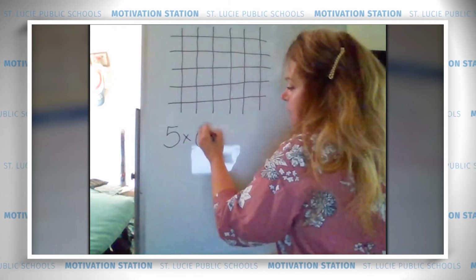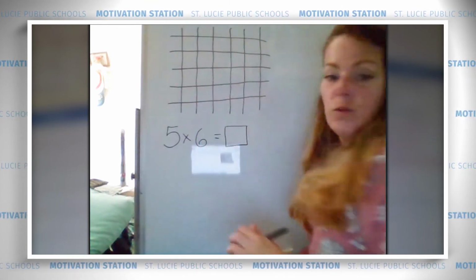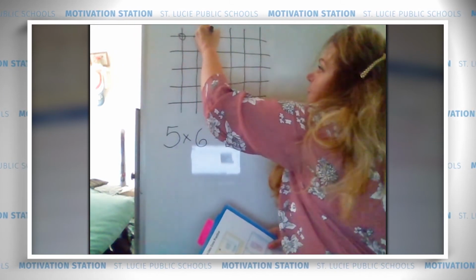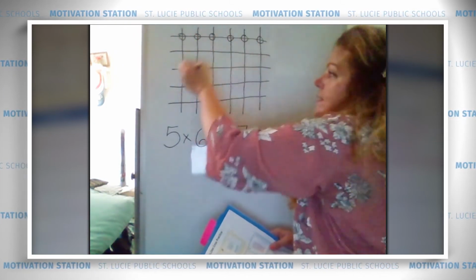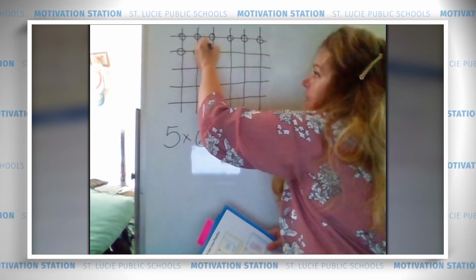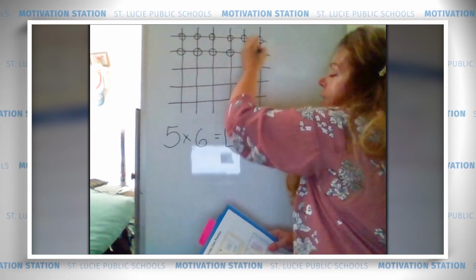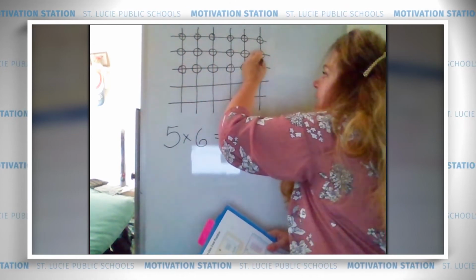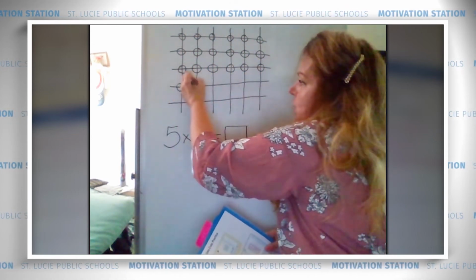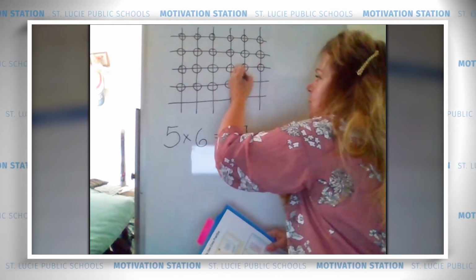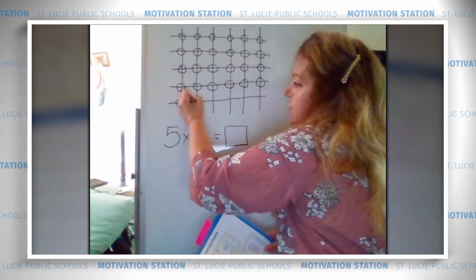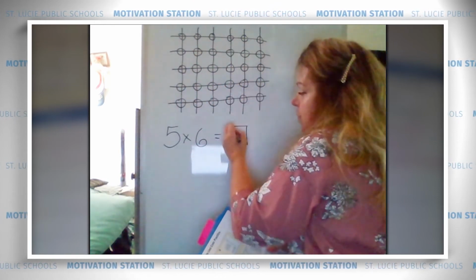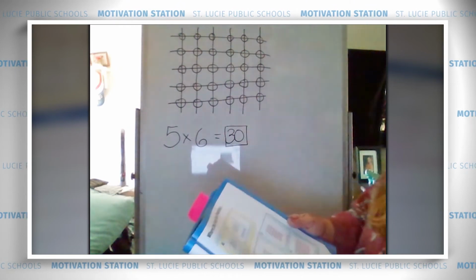That's my second factor, and I'm looking for my product, which will be wherever my lines cross. 1, 2, 3, up to 30. So I have a product of 30.